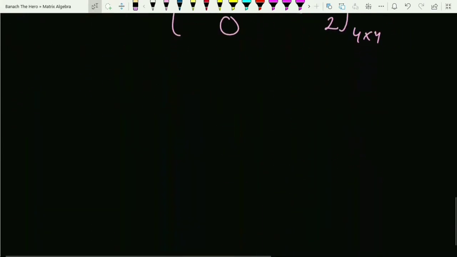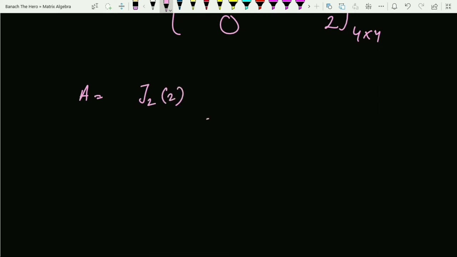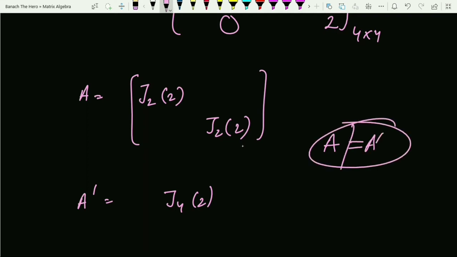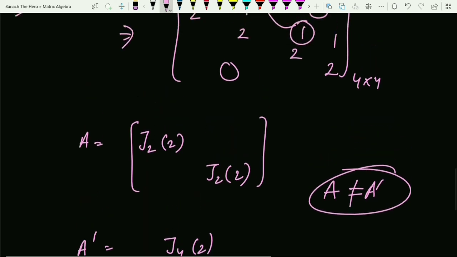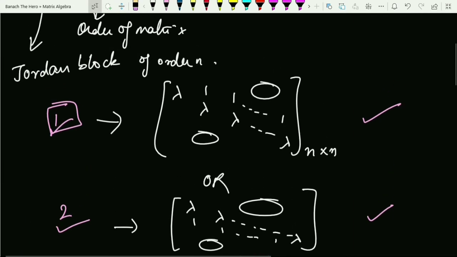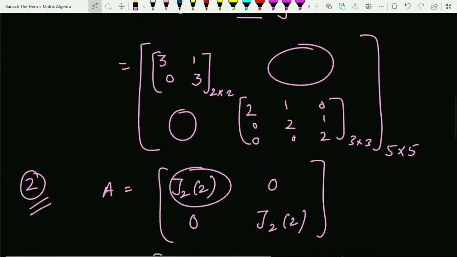So if any one of you is thinking that if I am considering a matrix A which is having two Jordan blocks, that is J22 J22, and if I say we have again a matrix A prime which is J42, so mind it, A is not equal to A prime, so they are totally different. That is how the Jordan blocks of any size are represented.